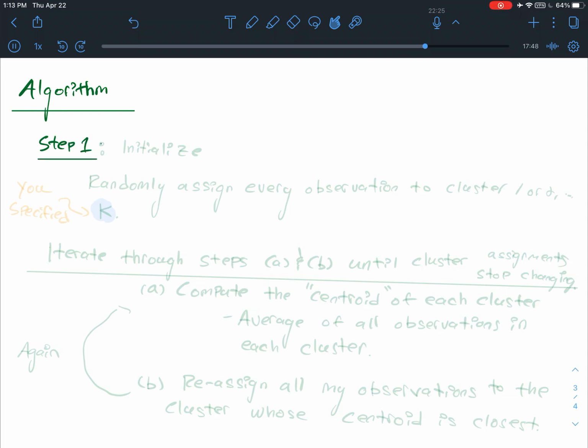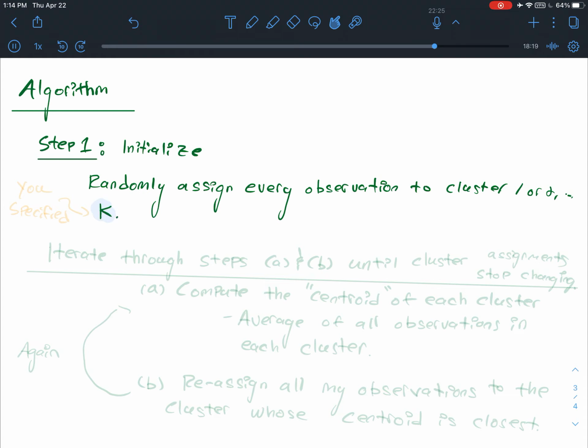Your first step is to initialize. By initialize, I mean you're going to randomly assign every observation to cluster 1 or 2, or k.